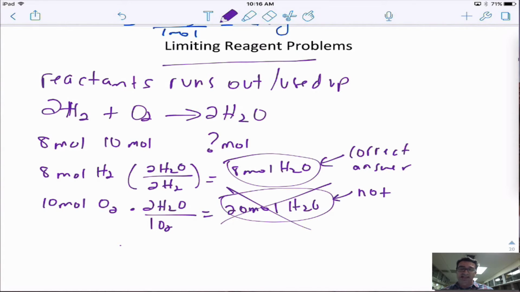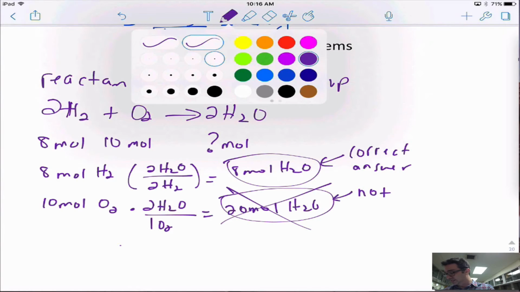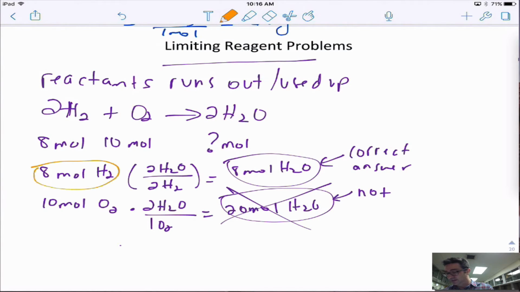Now, why is that the case? Well, if you make less of something, you're making less H2O. That's because the H2 ran out. So what that tells us is that this 8 moles of H2, this is my limiting reagent. My O2 is excess.